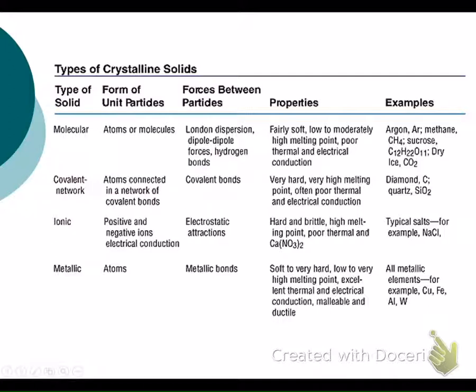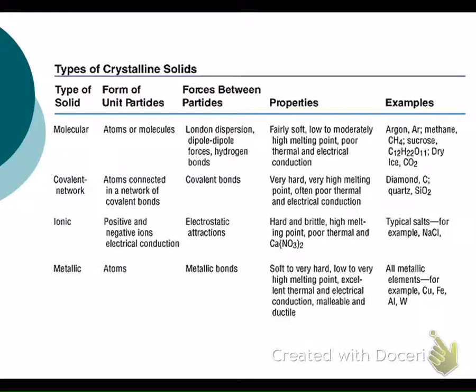A lot of times, especially on the AP test, you're asked to predict which substance would have a higher boiling point, or which one would be the most malleable, or which one would be the most conductive. All of these physical properties come about due to the type of bonding in that solid. Again, we are talking about the solid state here.